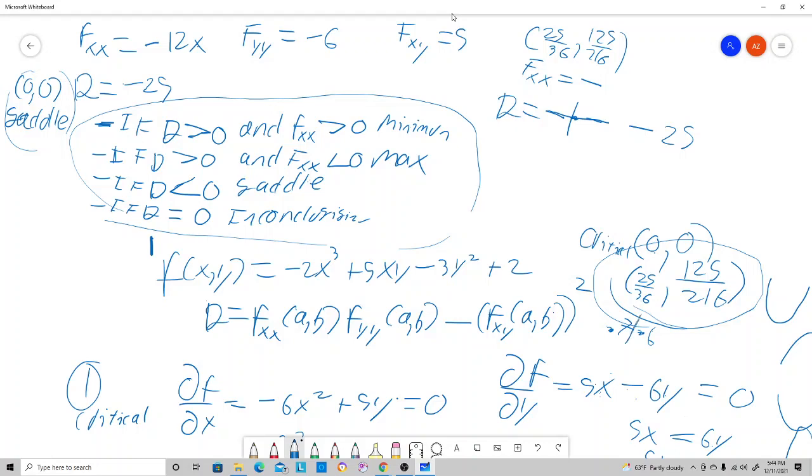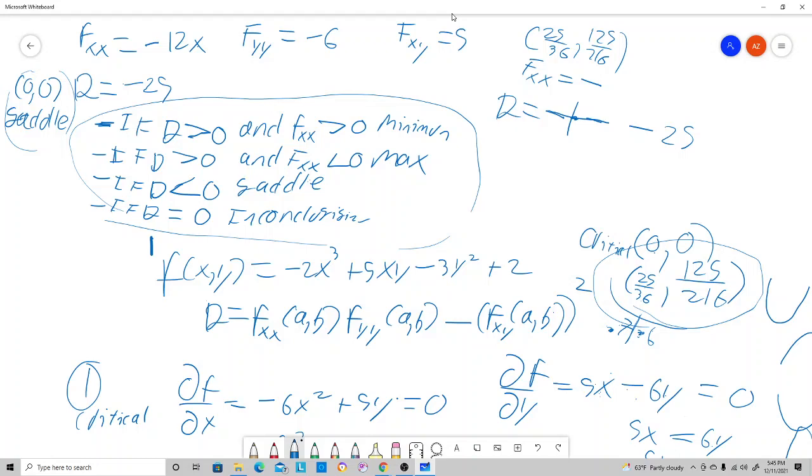We can find out the actual values. 25 over 36 is about 0.7, it's 0.6944, but it's fairly close.